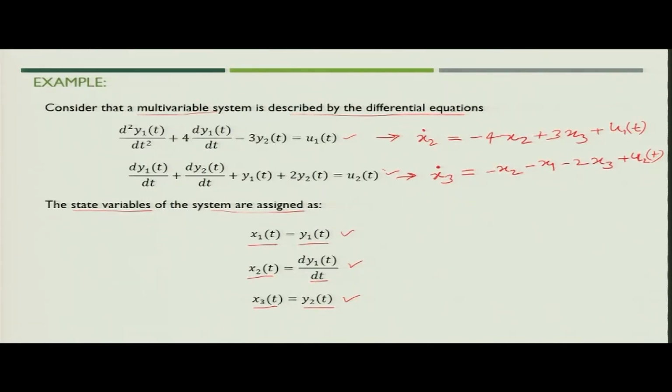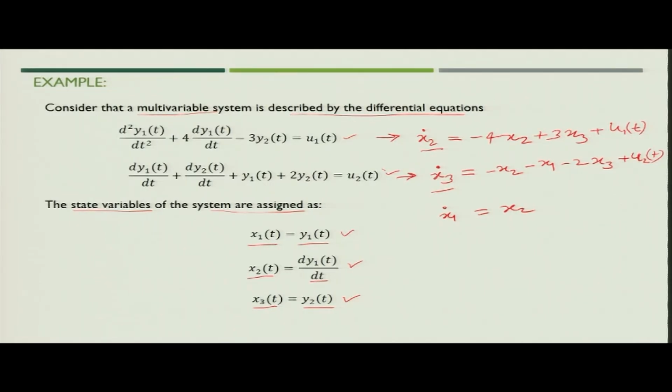So, we have got x2 dot, we have got x3 dot, but we need to get x1 dot also. So, x1 dot from where you get? If you see this equation, this is nothing but x1 dot equal to x2. So, now you have three state equations.